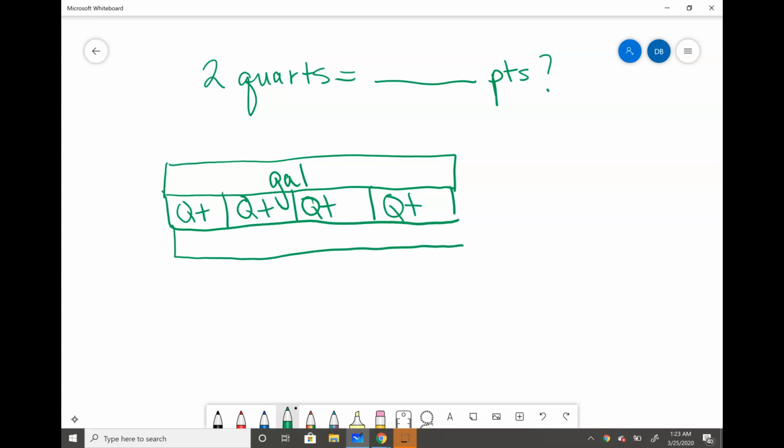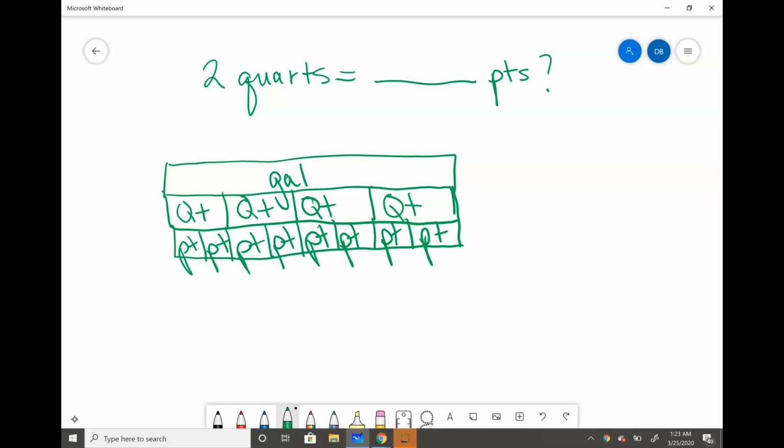And if I want to decompose that again, keep the same fourths and then halve them again. And then we said that there are 2 pints in each quart. I can stop there because I'm comparing quarts to pints.